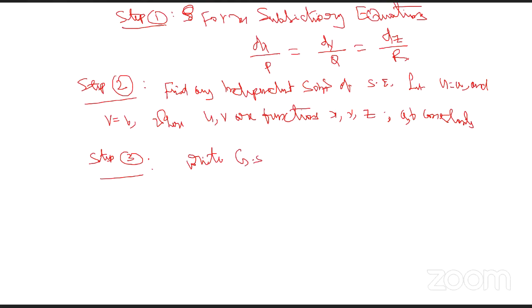General solution: phi of u comma v equal to 0, or u equal to phi of v. So one example we will solve.